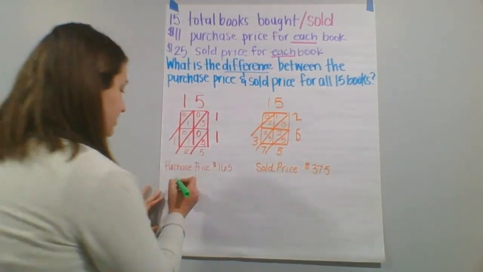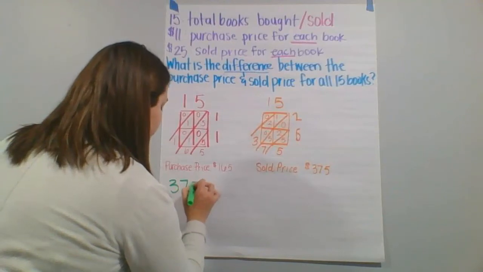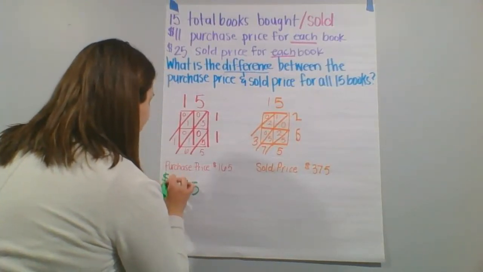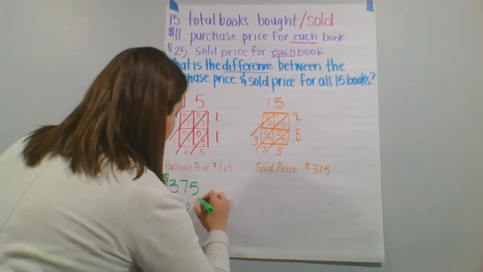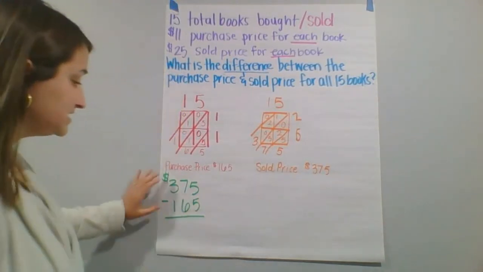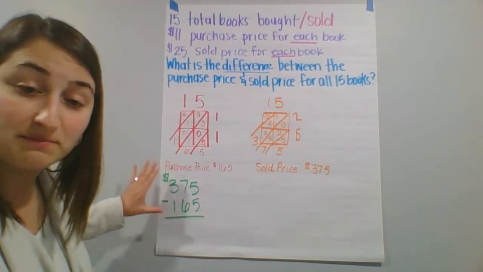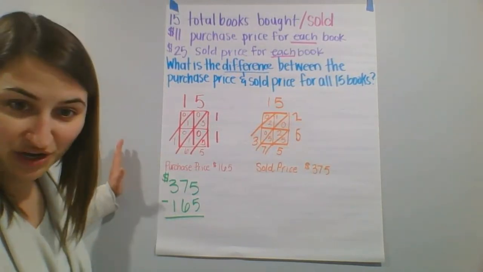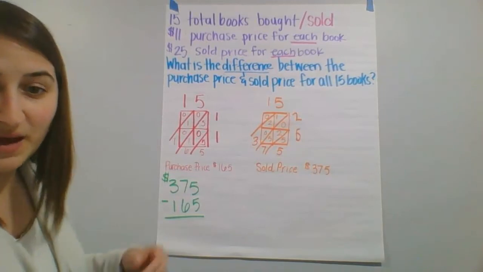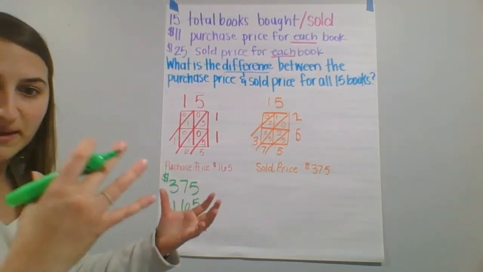So we're starting with 375, and we're subtracting the 165. And this is going to tell us the difference, and this is going to tell us kind of how much money she made from buying these books and then selling them for a bigger amount of money.